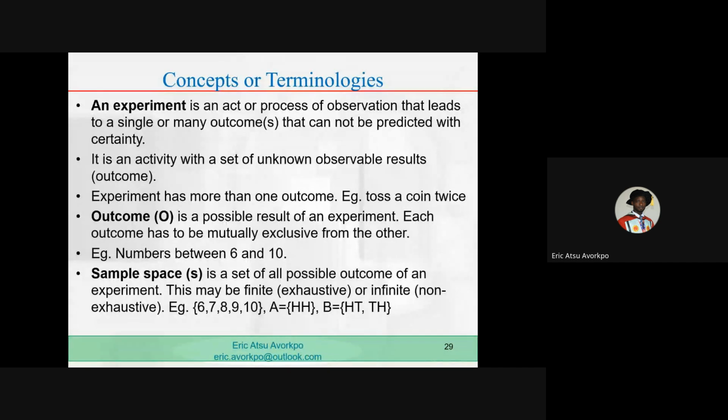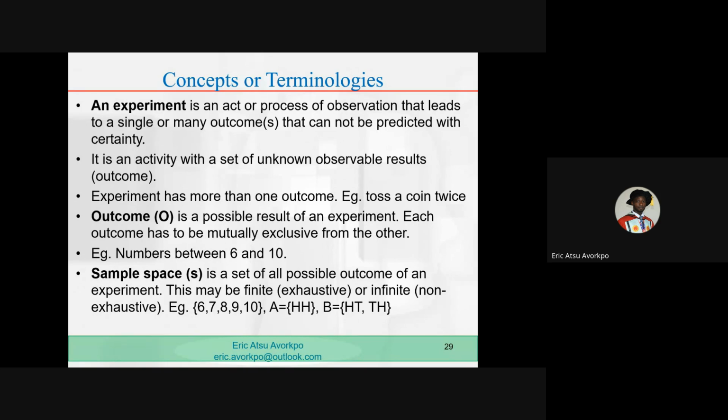For the coin that I'm going to toss, how many possibilities do I have? I have 2 possibilities, right? I can experience a head or I can experience a tail. These 2 things that I can experience, we call it what? A sample space.